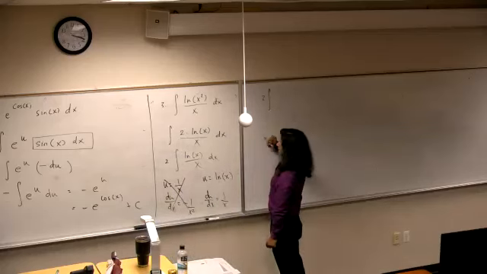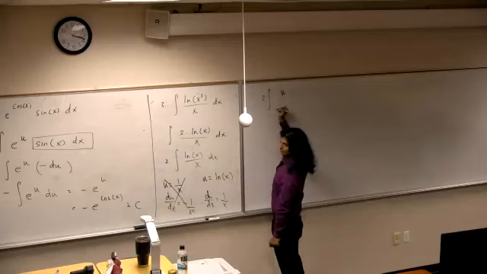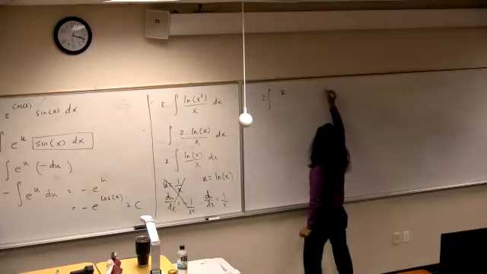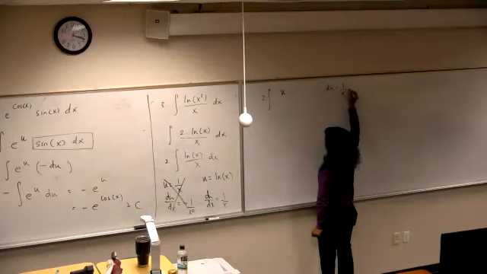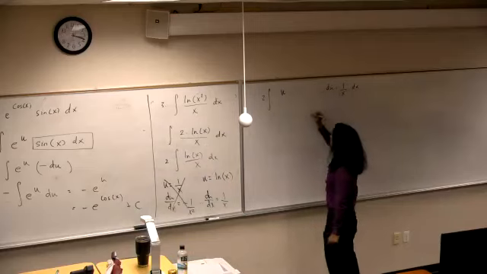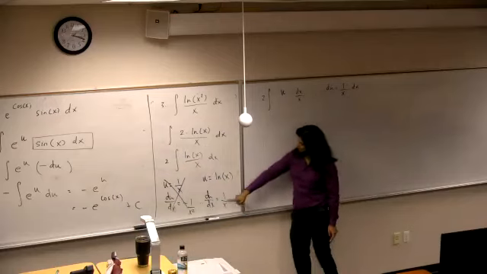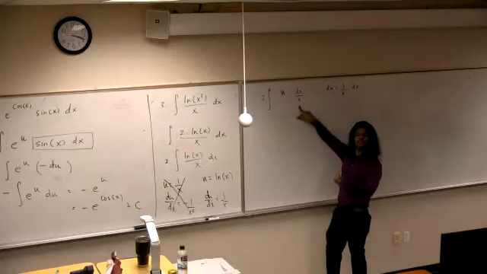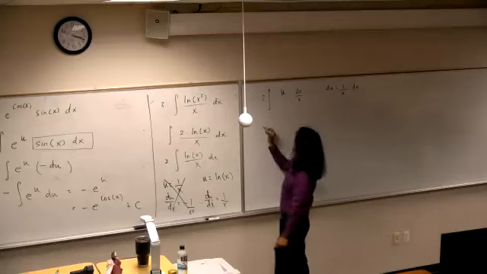So we have the 2 outside the integral, u times, rewrite that, du would be 1 over x times dx. I wrote dx divided by x, and dx over x; those two are one and the same.